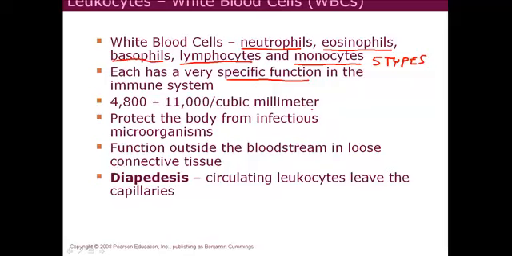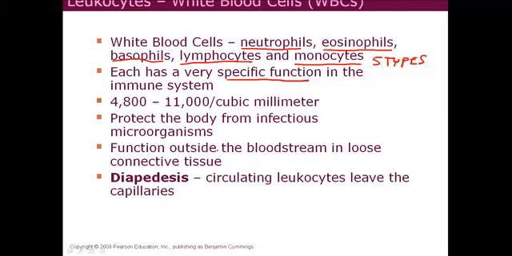There are about this many per cubic millimeter. As you saw in the previous slide, there are 5 million red blood cells and 4,800 white blood cells. So significantly less. The white blood cells protect the body from infectious microorganisms.